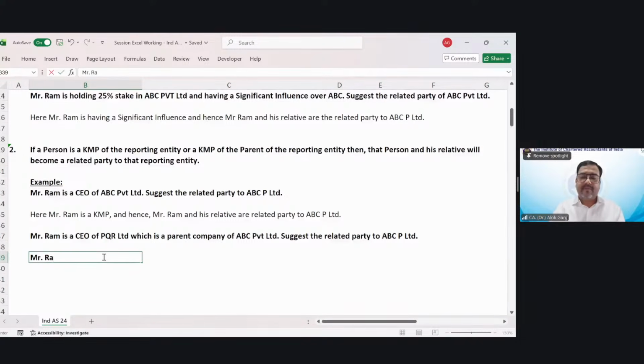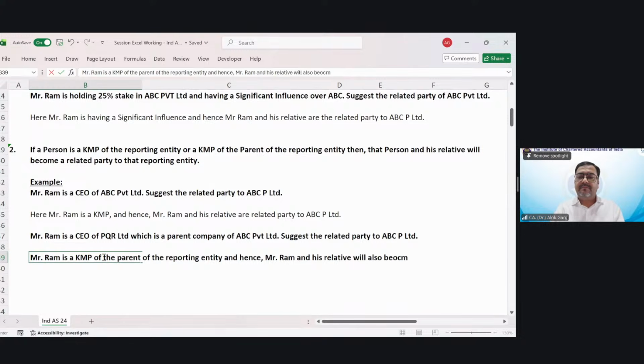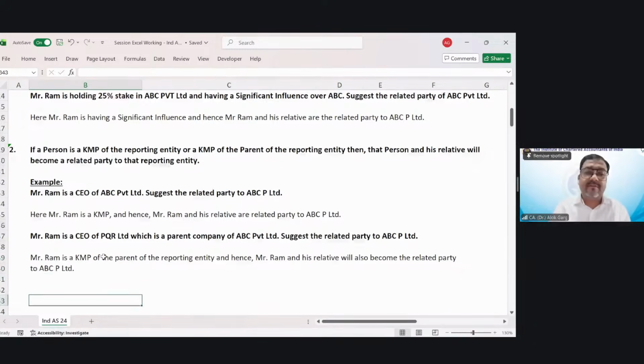Since Mr. Ram is a KMP of the parent of the reporting entity, and hence Mr. Ram and his family, Mr. Ram and his relative will also become the related party to ABC Private Limited. Okay.